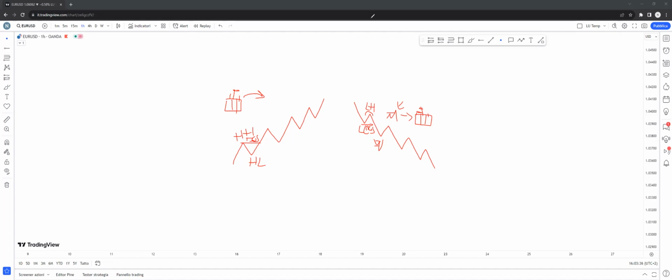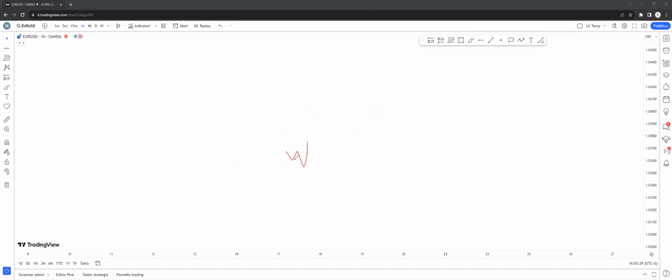And remember that when we talk about a range, when we have our strong low and our strong high, everything inside of the range, so let's say from A to B, is going to be called internal range liquidity, right?